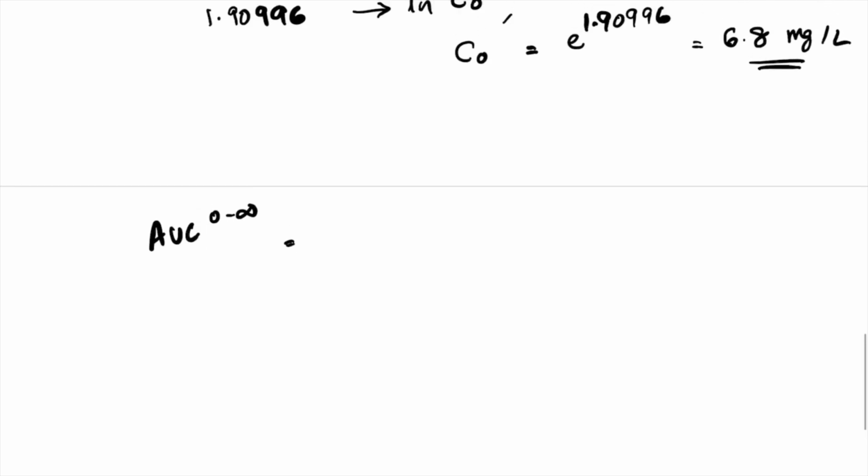If you look back in my notes, it's basically subdividing the plasma level versus time curve into trapezoids, calculating the individual areas of the trapezoids and adding all of those trapezoidal elements together with the terminal area, which is defined as C last divided by KEL.